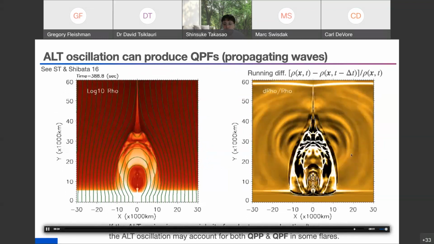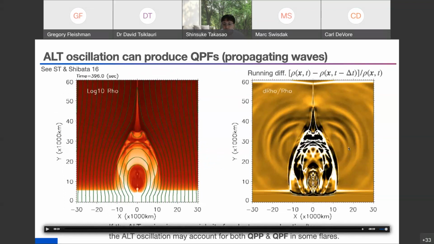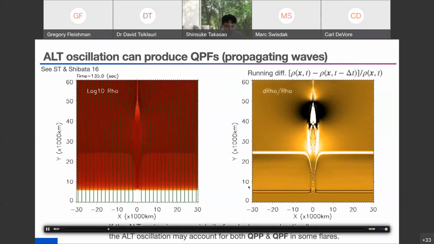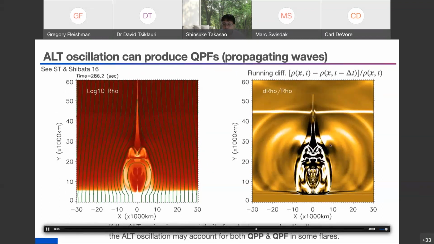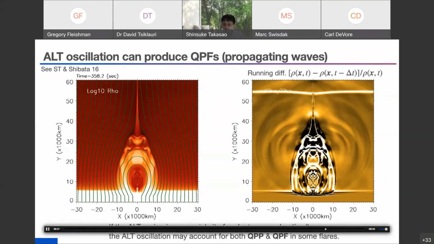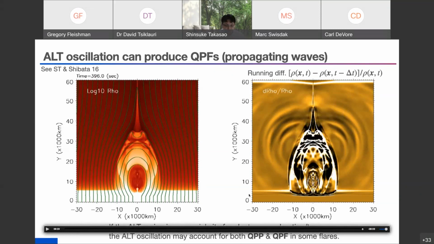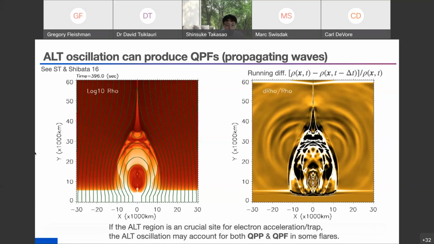This right panel shows the line difference of the density. You see that some propagating waves are generated from the rooftop region. So if the ALT region is a very important site for electron acceleration, then the ALT oscillation may account for both the QPP and the QPF in some flares.